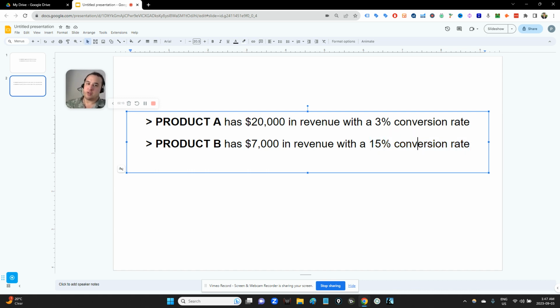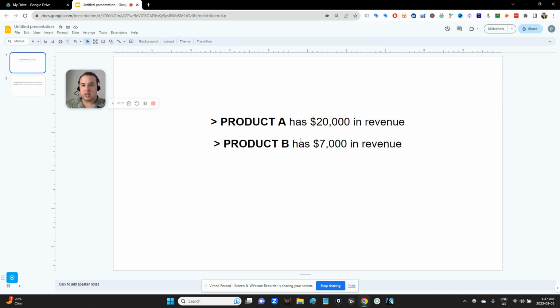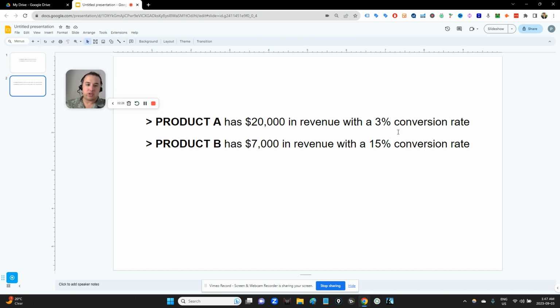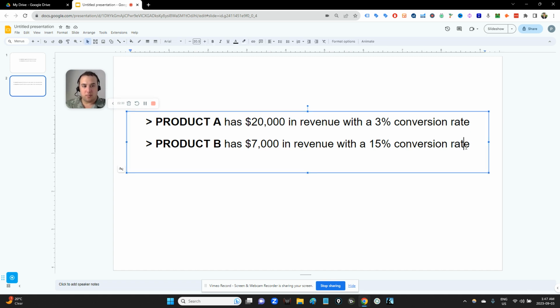But it's not going to dip to 3%, right? This product B, let's assume, is converting significantly better. So a lot of sellers make the decision, okay, we're going to invest ad spend in product A, but actually, if you add in the conversion rates, product B becomes more compelling.